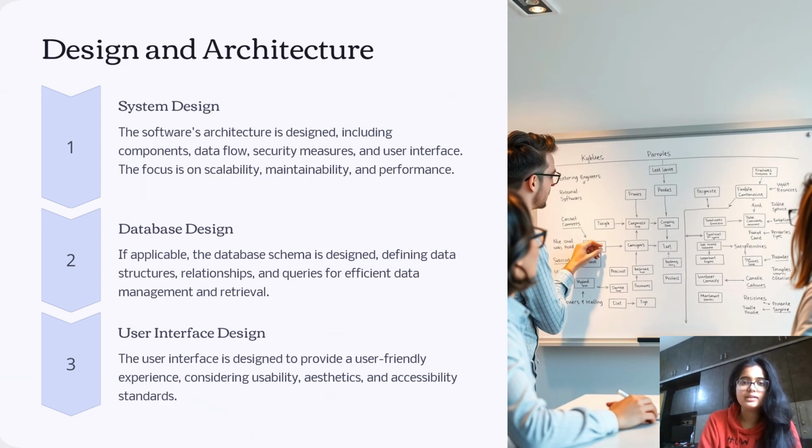If applicable, the database schema is designed, defining data structures, relationships, and queries for efficient data management and retrieval. Third is user interface design. The user interface is designed to provide a user friendly experience considering usability, aesthetics, and accessibility standards.